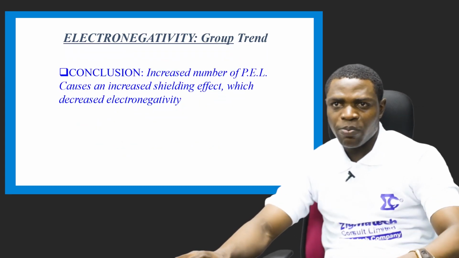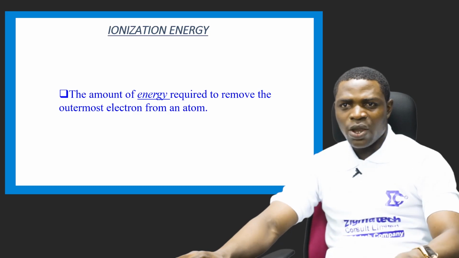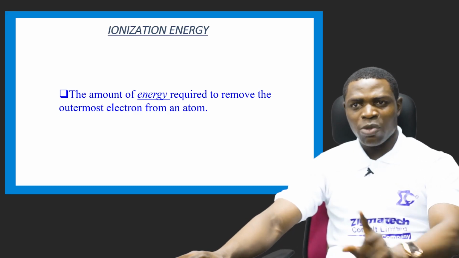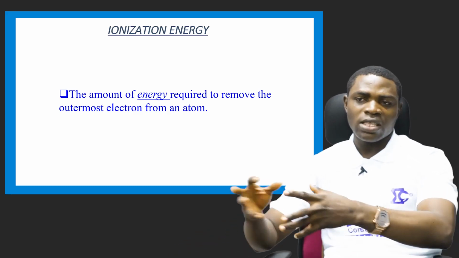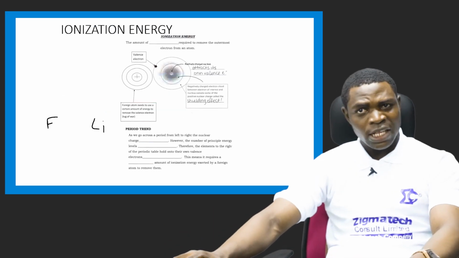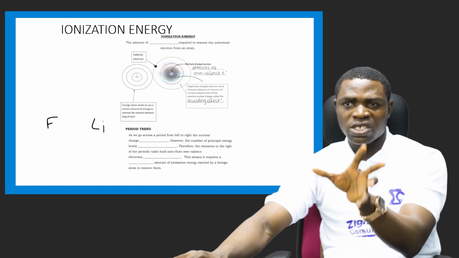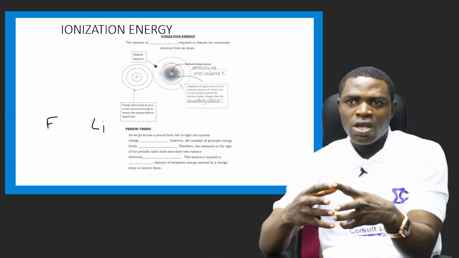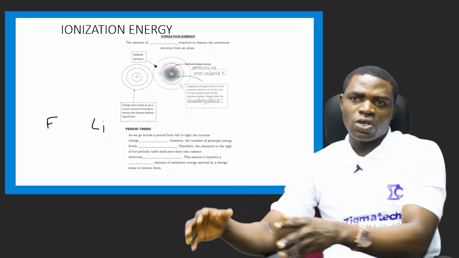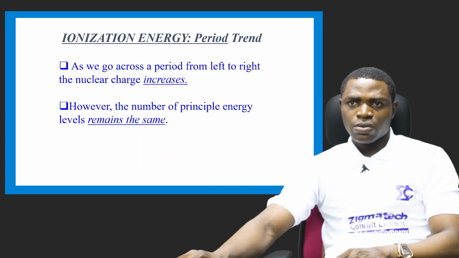The same thing is applicable to ionization energy, which is the amount of energy required to remove the outermost electron from the atom, as I explained. It follows the same trend. Because of the shielding effect, there's an attraction from the valence electron towards the nucleus.